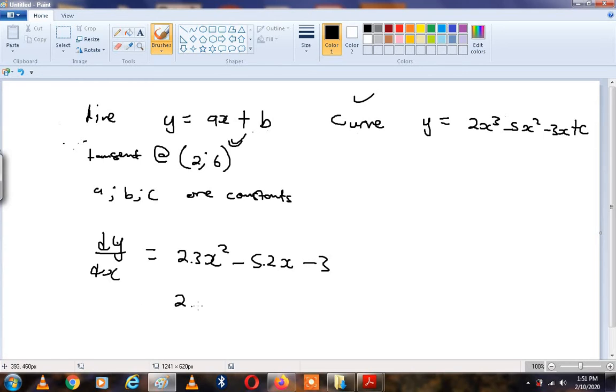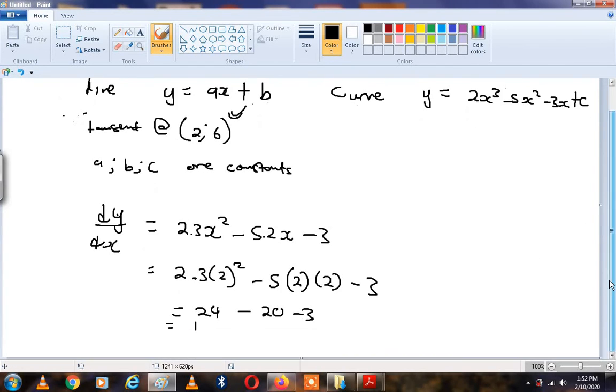So 3 times 2 to the power 2, minus 5 times 2 times 2, and then finally minus 3. If we simplify this, that's 12 minus 10 times 2, that's 20, minus 3. So your final answer there will be 1.